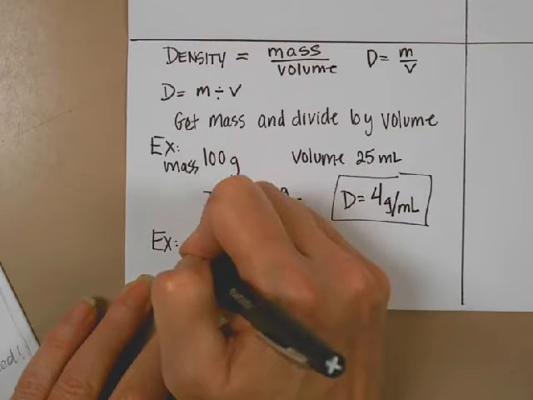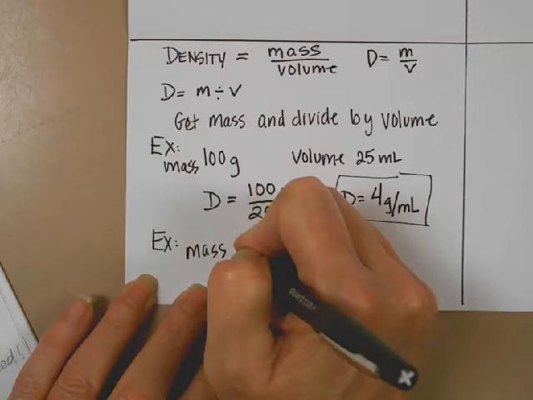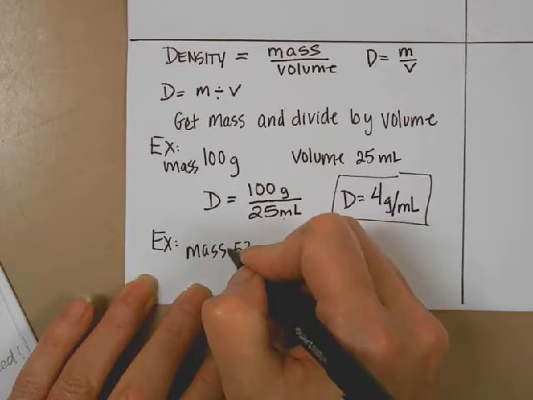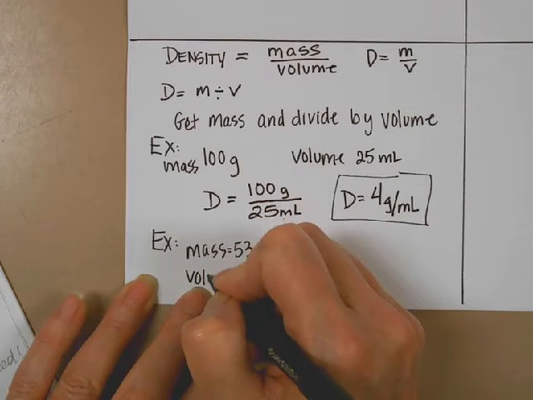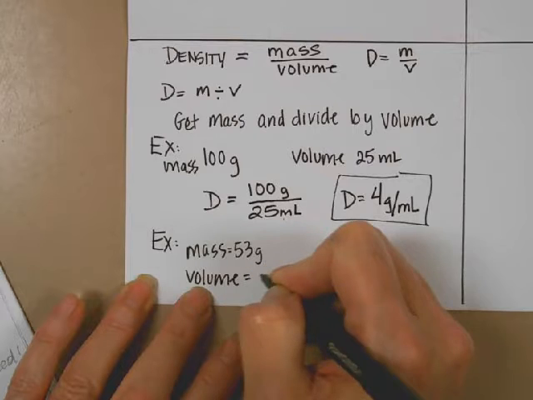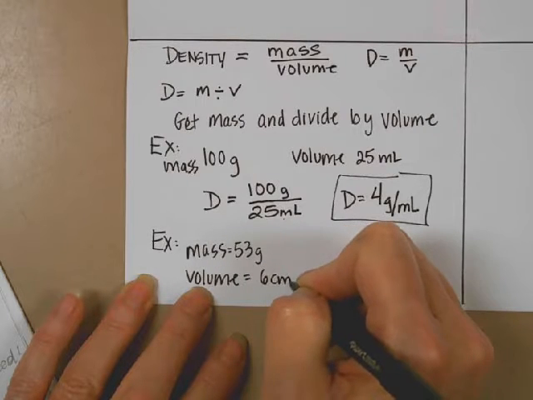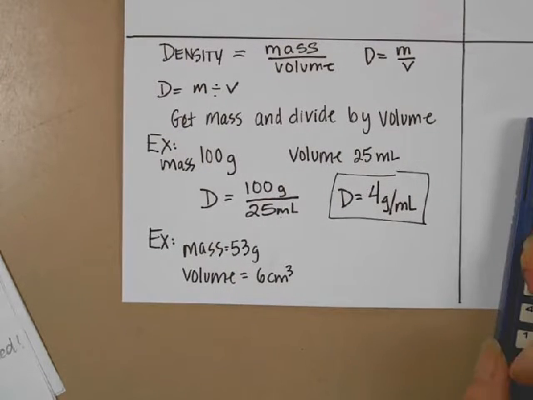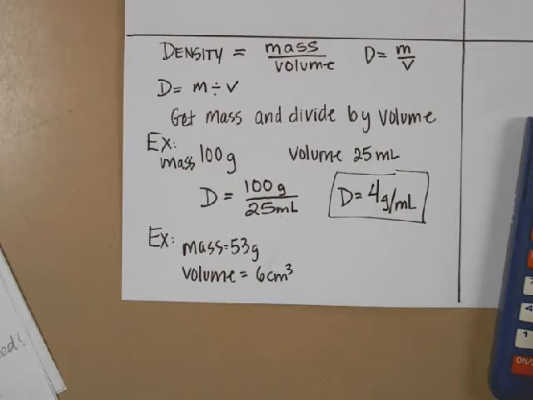Like I said, the mass is 53 grams and the volume is equal to 6 centimeters cubed. So let's see, you get my calculator, and you will need one as well. You can use your computer calculator.